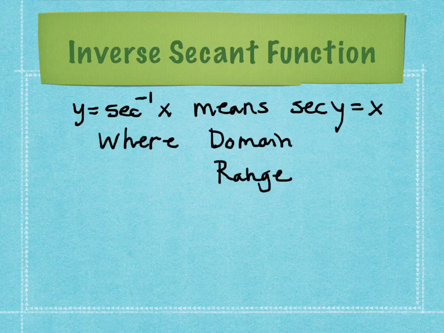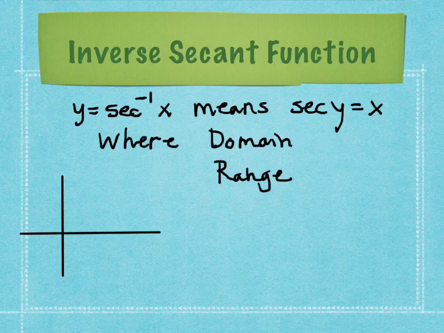So let's take a look at the graph, and I'm only going to draw the graph of secant on the same interval where cosine was able to have an inverse. So the cosine graph actually had an inverse right here, and it occurred between the value of 0 and pi.